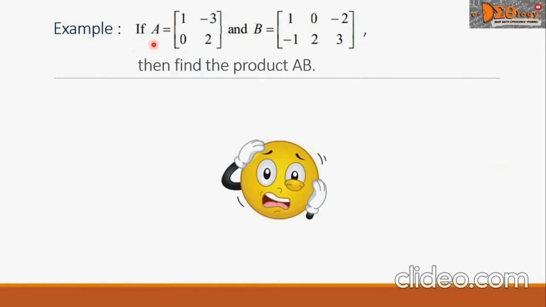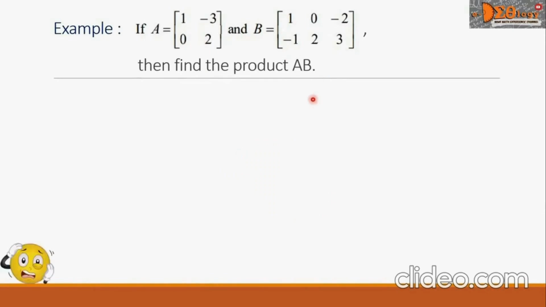Example: if matrix A equals 1, -3, 0, 2 respectively, and matrix B equals 1, 0, -2, -1, 2, 3 respectively, then find the product AB. First, let us note that matrix A is a 2 by 2 matrix, and matrix B is a 2 by 3 matrix.